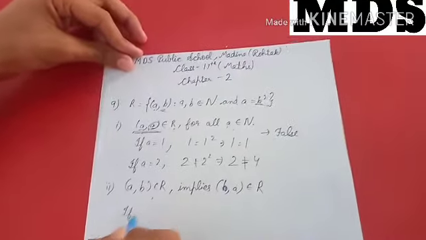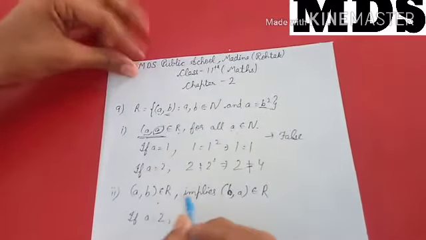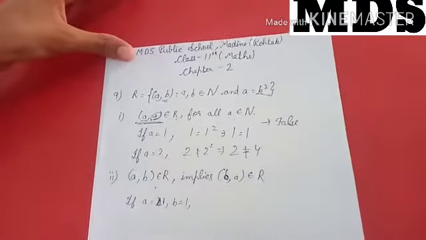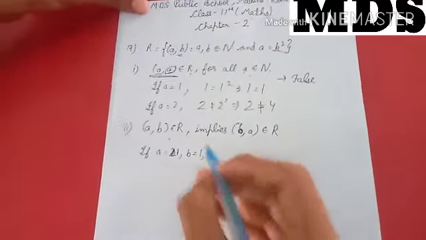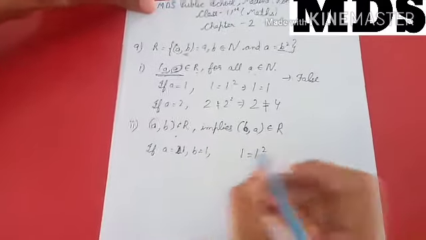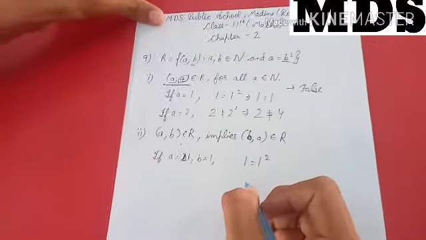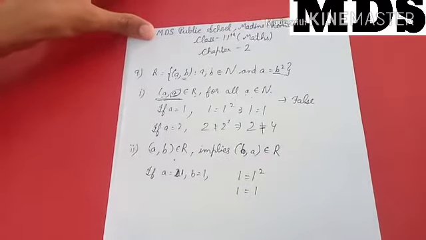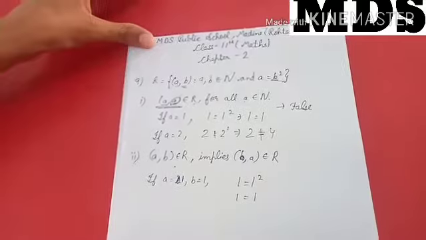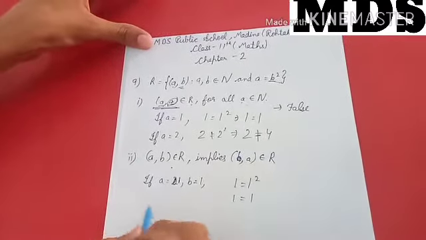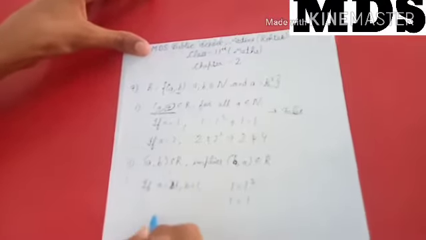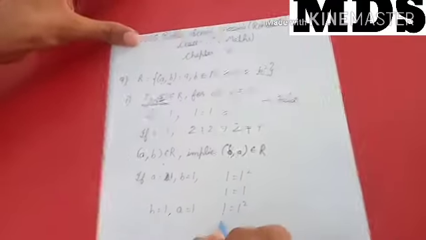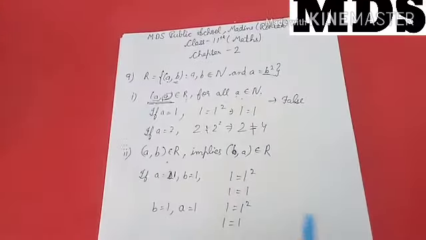Take a equal to 1, b equal to 1. That means 1 is equal to 1 square, so 1 is equal to 1. And if we take its reverse, b is equal to 1, a is equal to 1, then also the same. For this it is true.